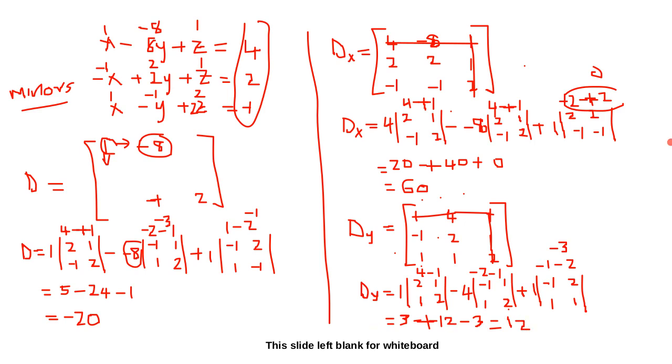Any question on how we've got the dy? Okay. So dx, we got dx as 60, dy as 12. Now we can move to dz. So we can move to the next slide.